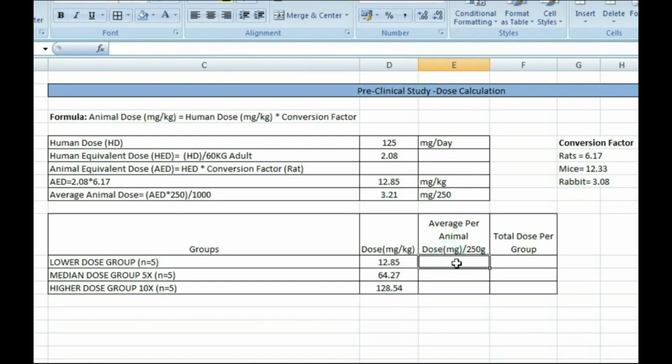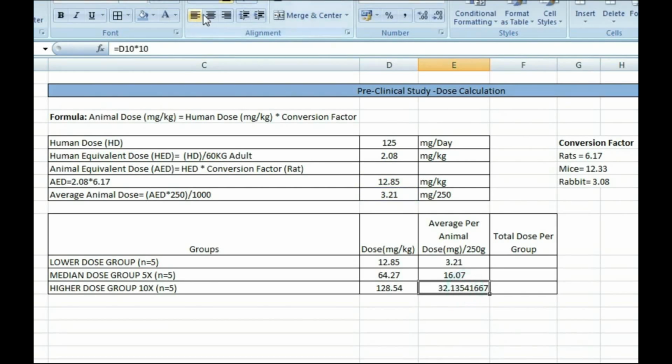Now we will calculate the average per animal dose. For that, I have not written the human equivalent dose unit, so I am writing that. Now it is very easy: from the animal dose we can easily multiply by 5 and 10 to calculate the per animal dose.